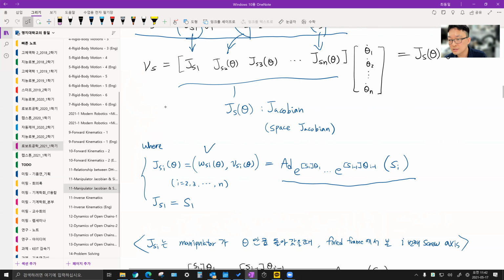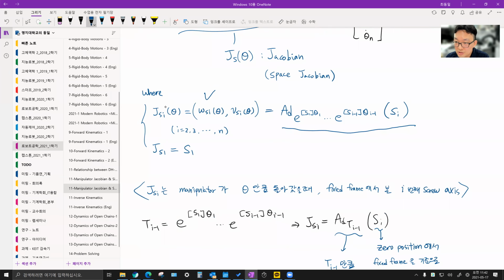Let's think about the meaning of the Jacobian column vector. Actually, this one is the space screw axis, and this one is the other joint. And if we multiply by the other joint, it becomes some kind of other screw axis.